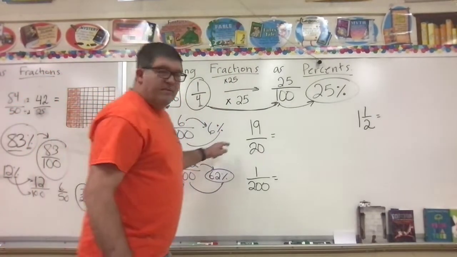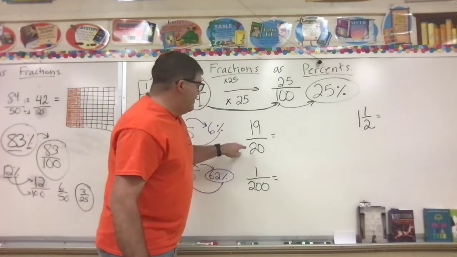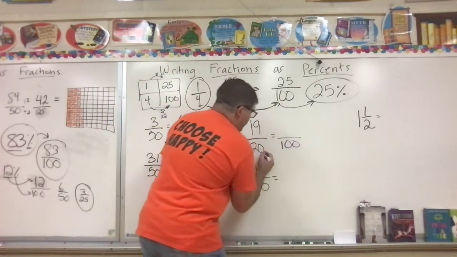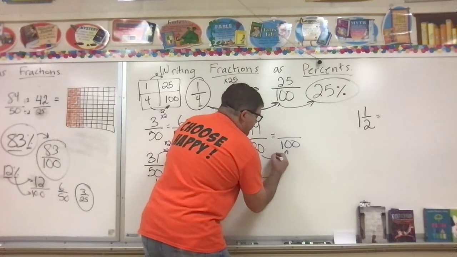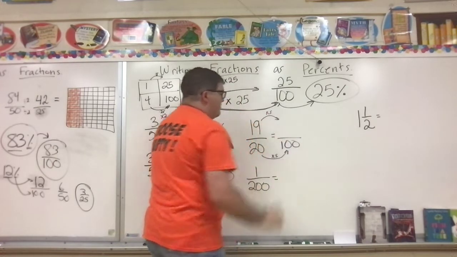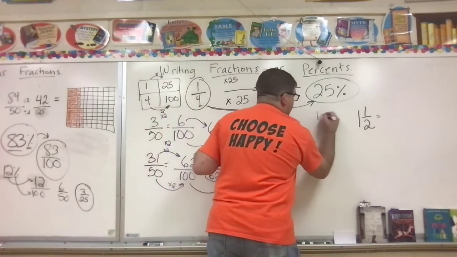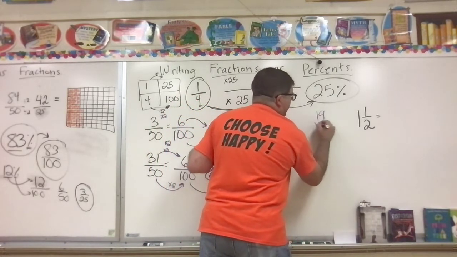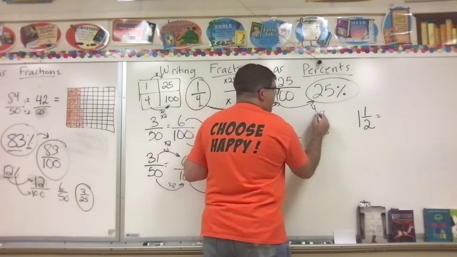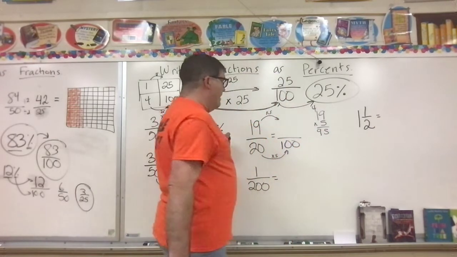Okay, we gotta wrap this up. We're running out of time. 19 out of 20. Again, I wanna get this to 100. How do I go 20 to 100? Times 5. 19 times 5. That's 45. And 5, that's 95.